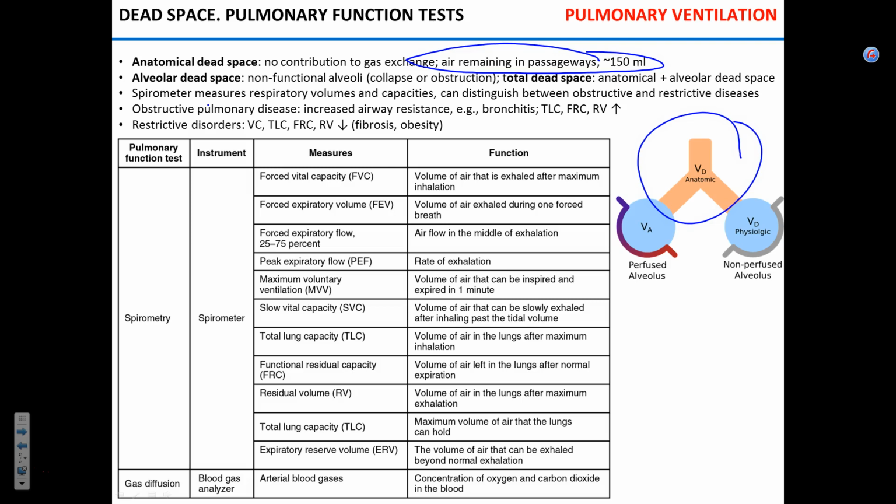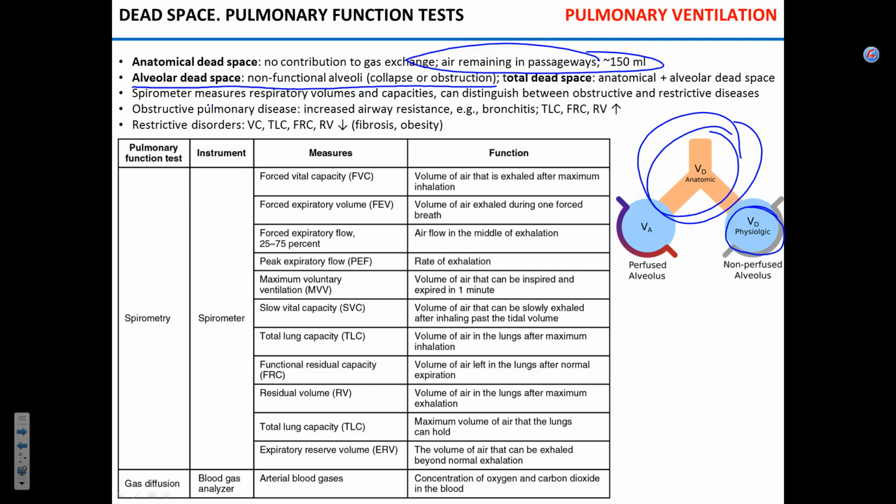In addition to anatomical dead space, we also have alveolar dead space. So alveolar dead space means, say, somebody has an emphysema and certain percent of the lung is completely dysfunctional.